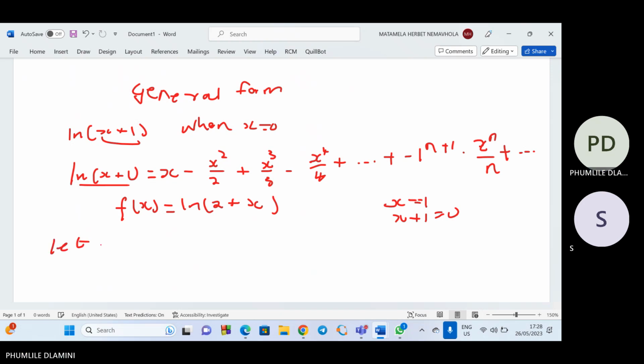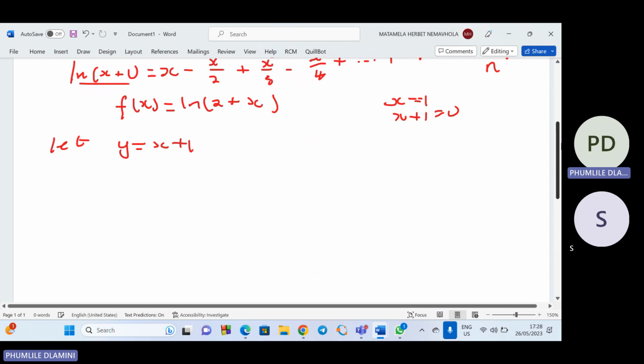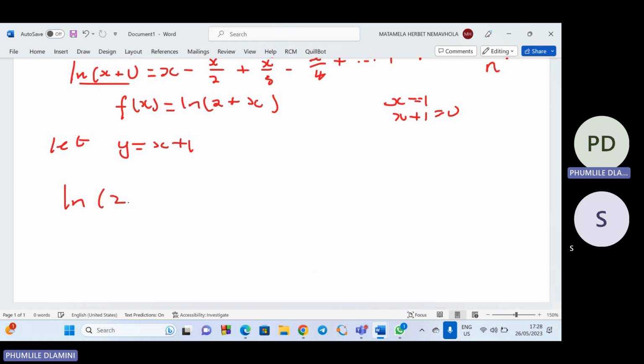So now we can let y equal x plus 1. If we let y equal x plus 1, then our ln of 2 plus x, we can change this so that y minus 1 equals x.